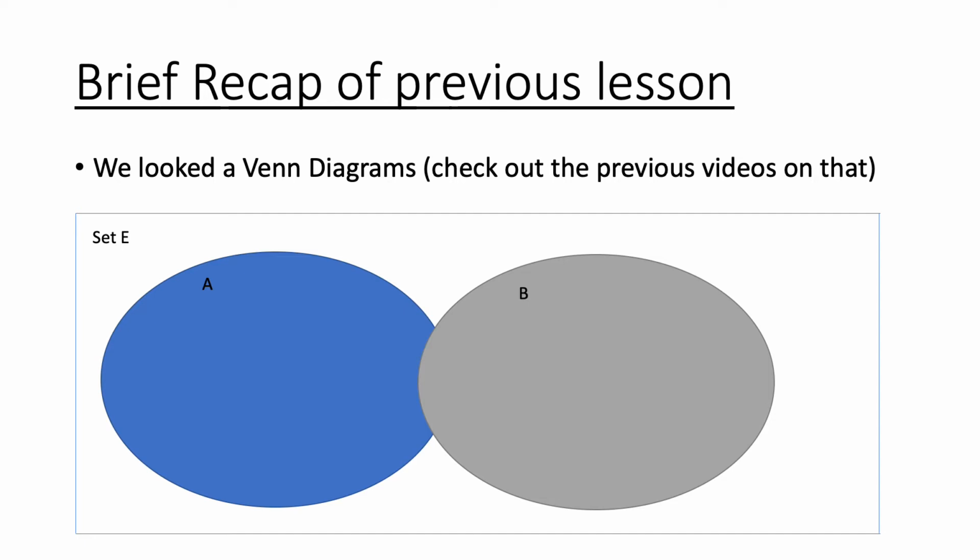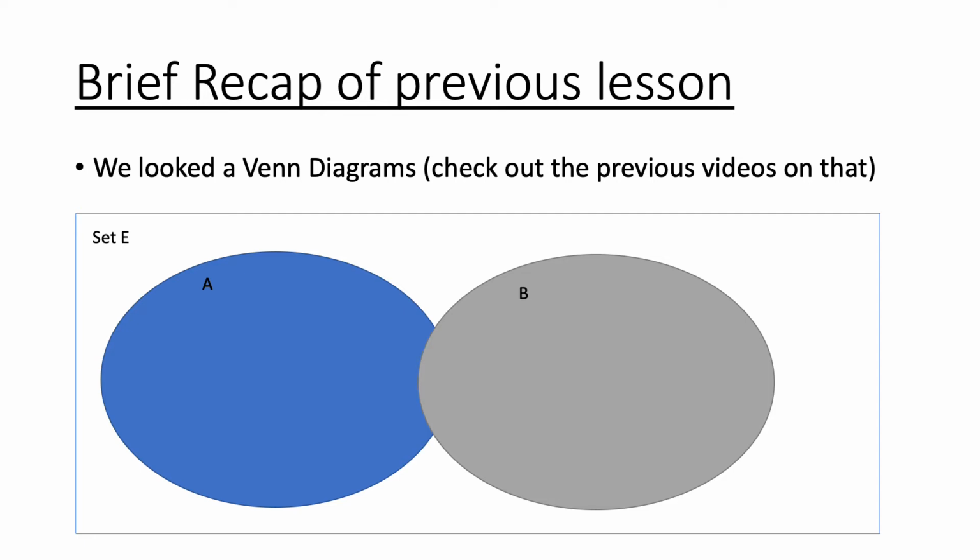Two points to mention, guys. Where they intersect, which is this part here, that's the probability of A and B. So if it's the intersection, it's A and B. If it's A or B, it would be A union B, so that would be shading both circles.